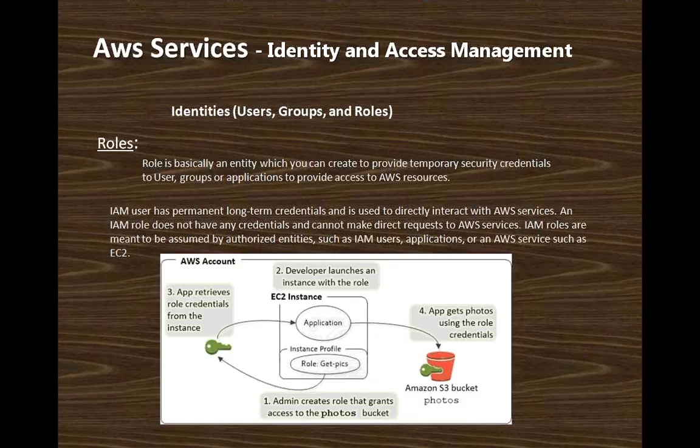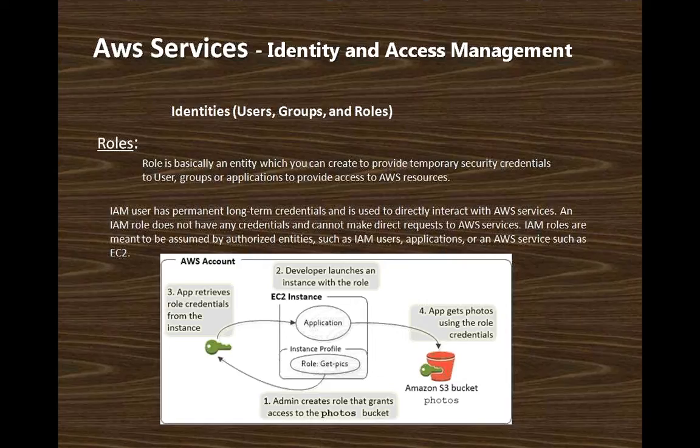So you'll be trying to understand, okay, what is the basic difference between an IAM user and an IAM role. So an IAM user, when we talk about it, has a permanent security credential or a password associated with it, with which a particular user will be able to access the AWS resources. An IAM role does not have any kind of permanent security credentials associated with it, and cannot make direct access to the different AWS resources.